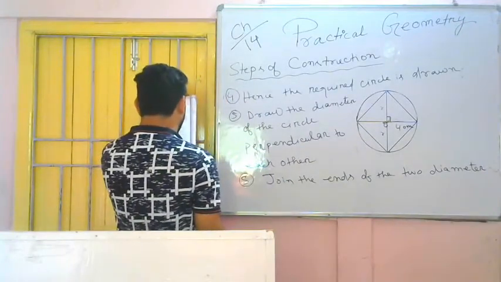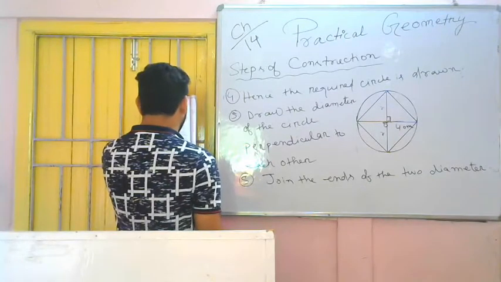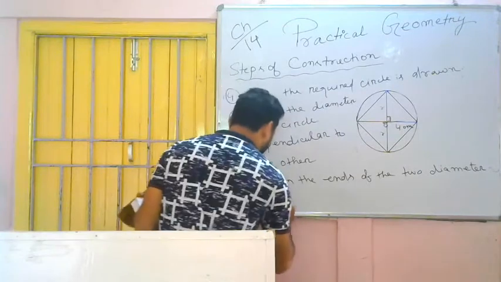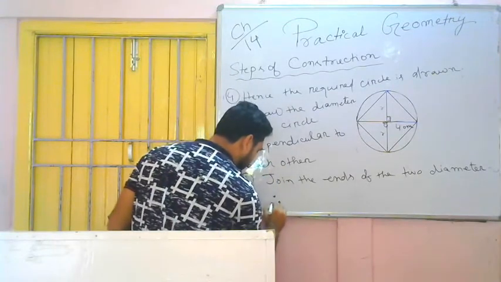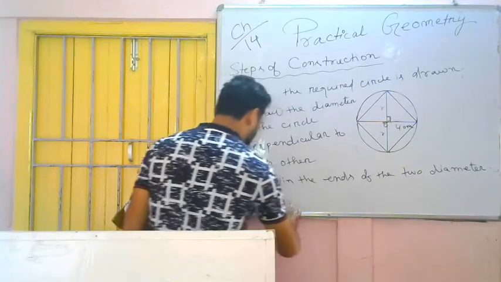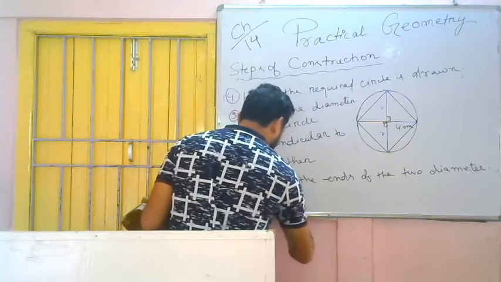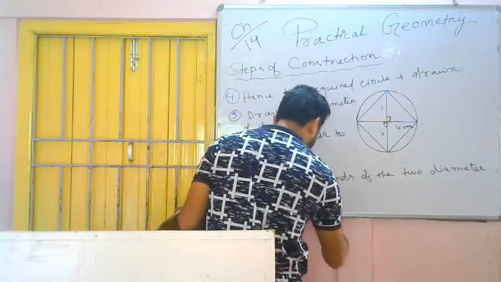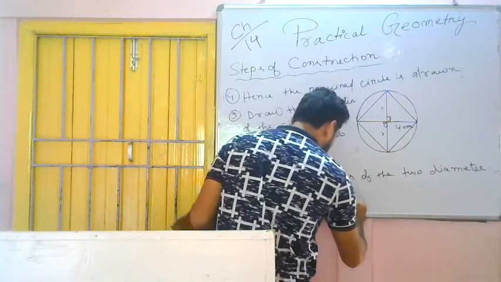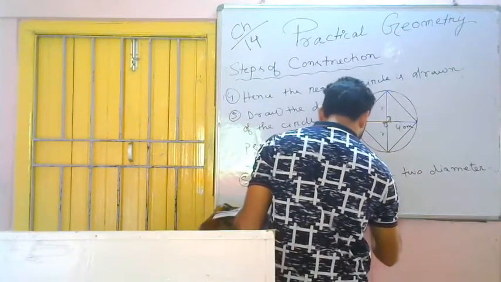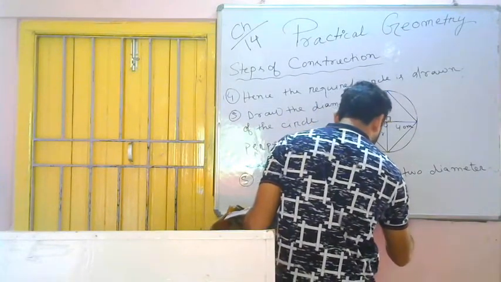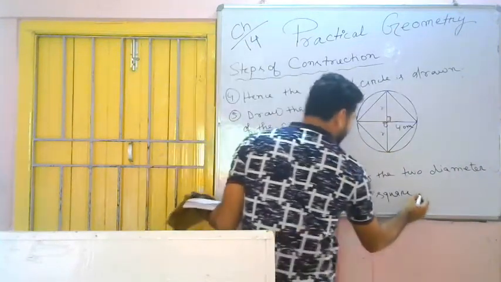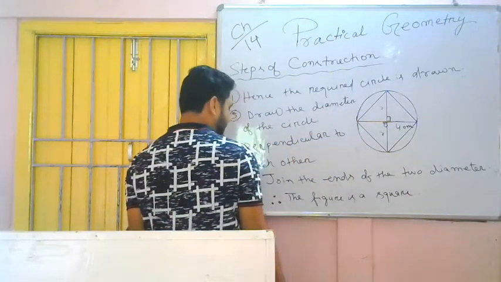Now write the conclusion. What figure is obtained if the diameters are perpendicular to each other? So write, therefore, the figure is a square.